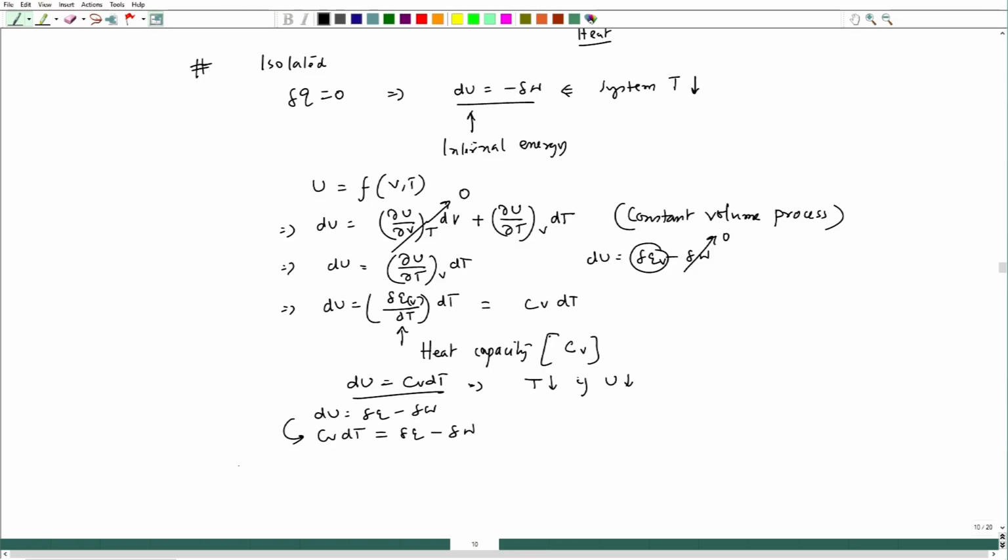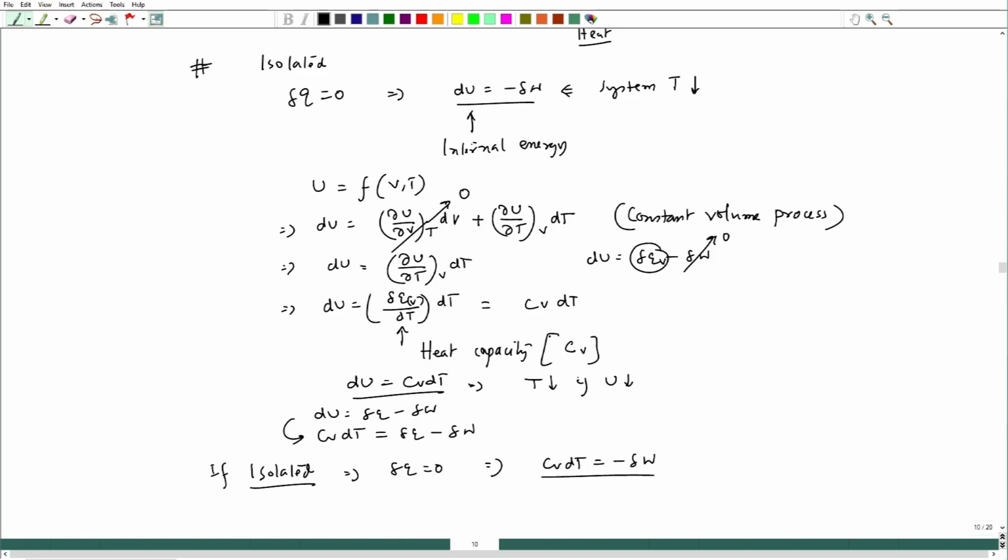Now, if isolated, again let us consider that if isolated, then del Q equal to 0. So it goes to Cv dT equal to minus del W.